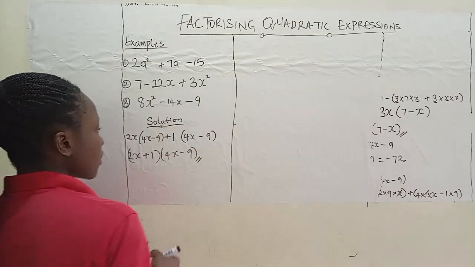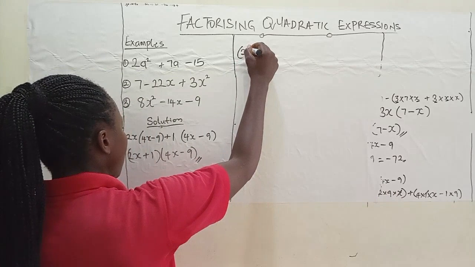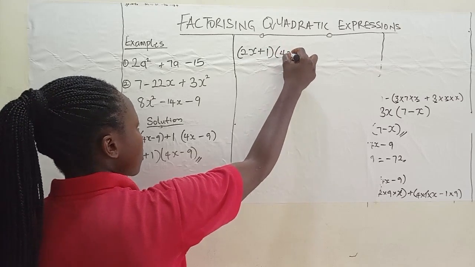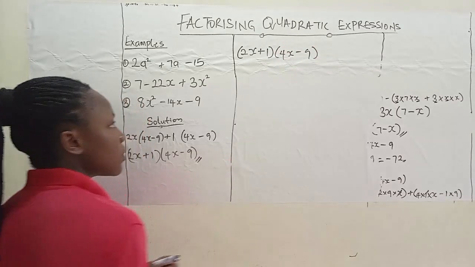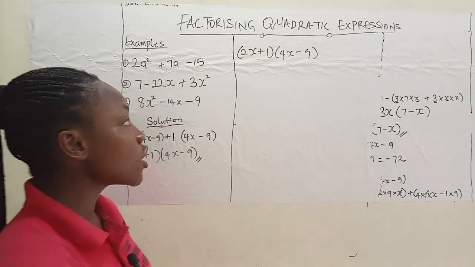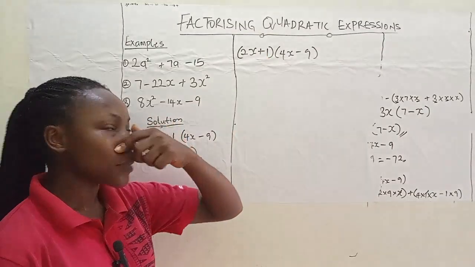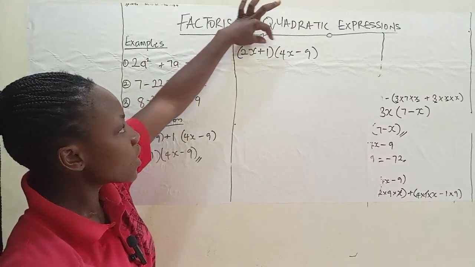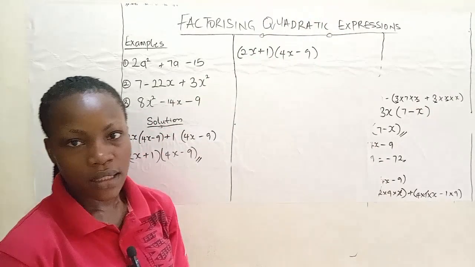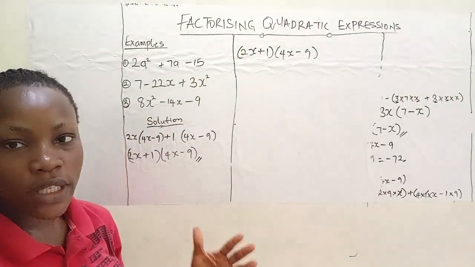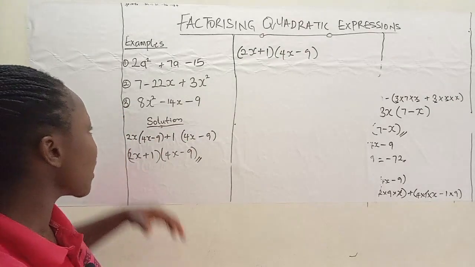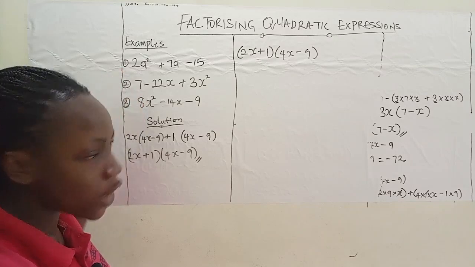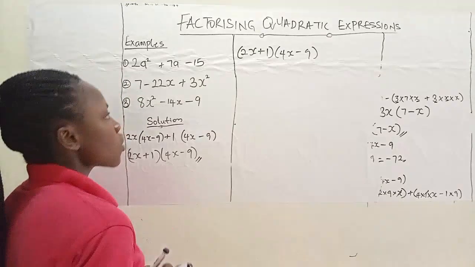Now what we have here is 2x plus 1, 4x minus 9. This is multiplication. What it means is that we are multiplying everything inside here with everything inside here, so that we are able to get this expression back.